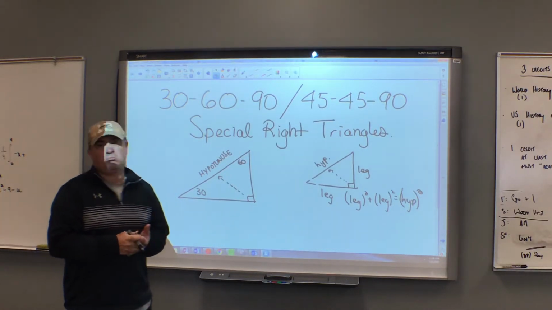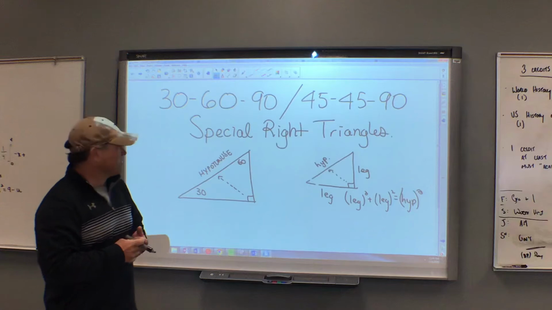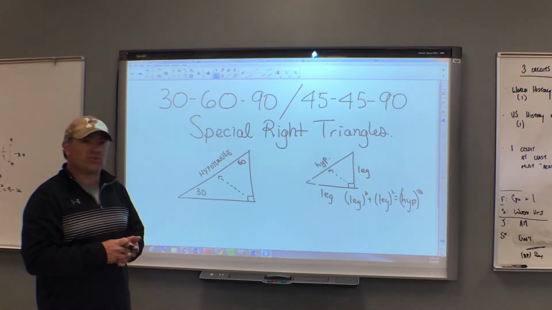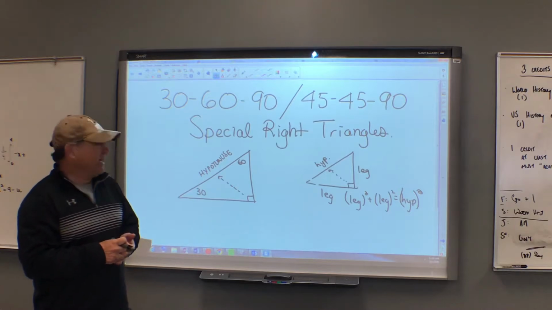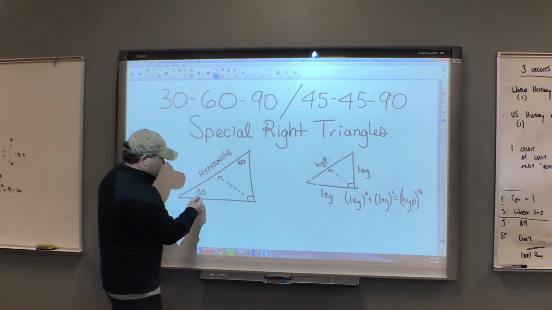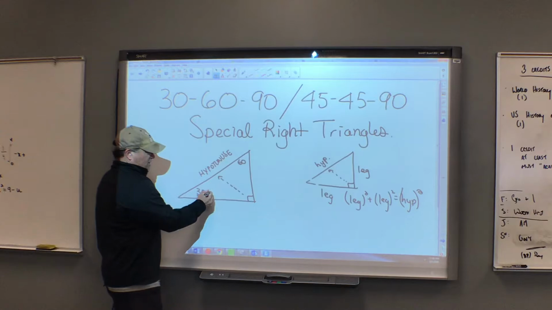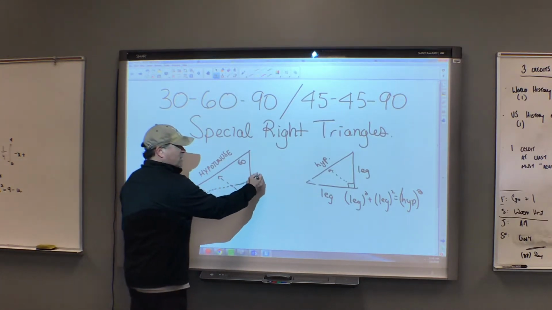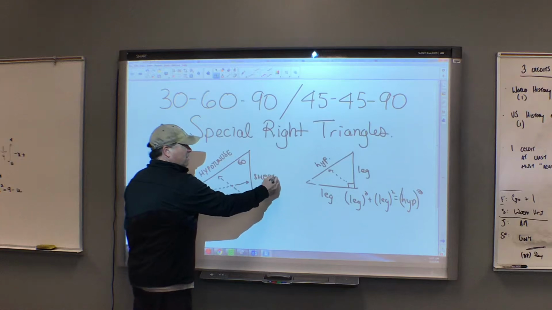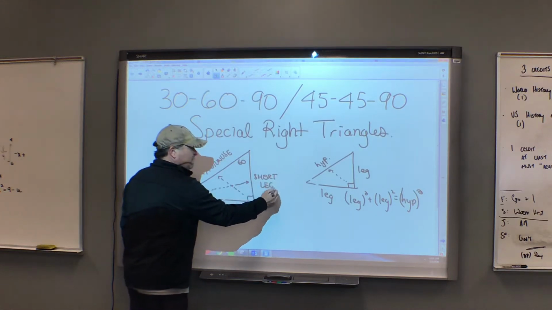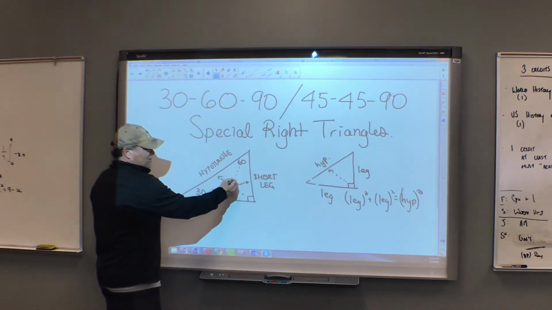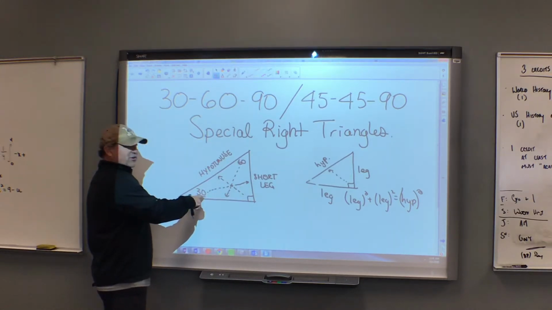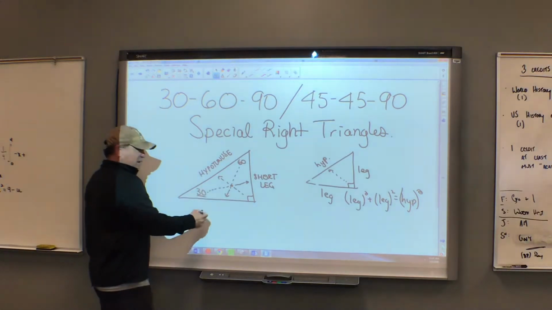We learned a couple months ago, possibly, that the shortest side of a triangle is always across from the smallest angle. Therefore, if we've got this 30-degree angle here, the side across from the 30-degree is what I'm going to term the short leg. The side across from the 60-degree angle would be larger than the short leg but smaller than the hypotenuse.